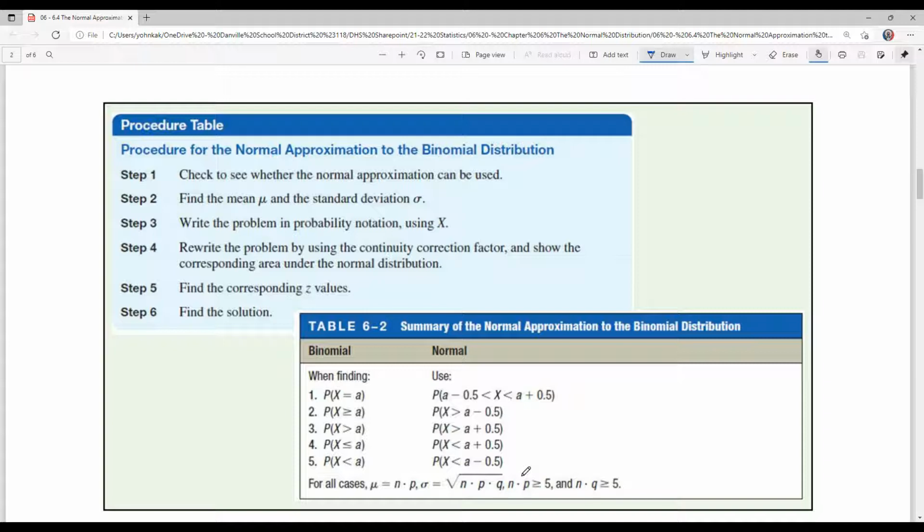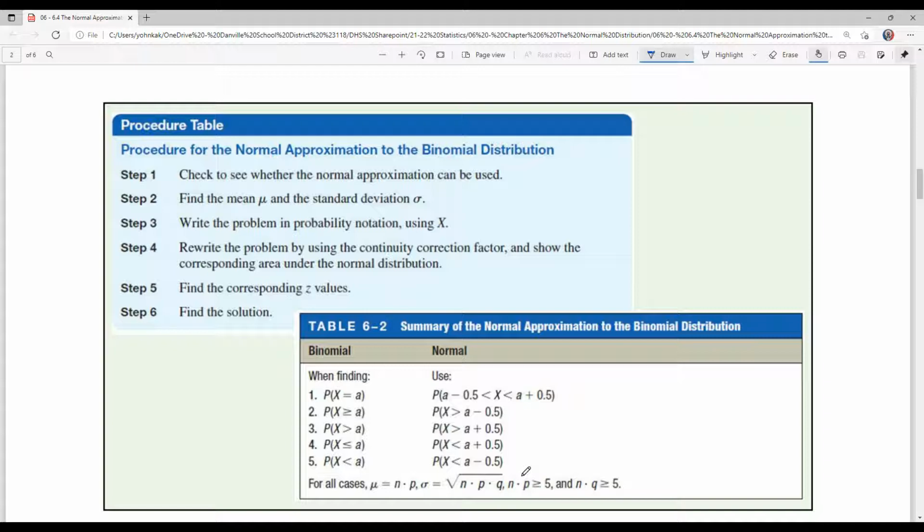Step five, find the corresponding Z values. And then step six, find the solution. So basically, we have a little bit more going on in this problem. We have these continuity corrections. We also are not going to be given the mean or standard deviation right away. We're going to actually have to figure out what they are.